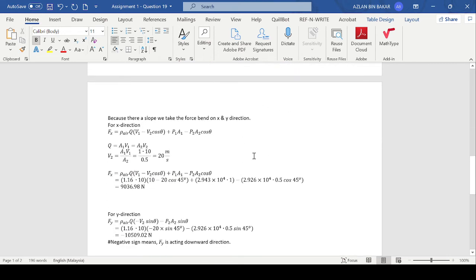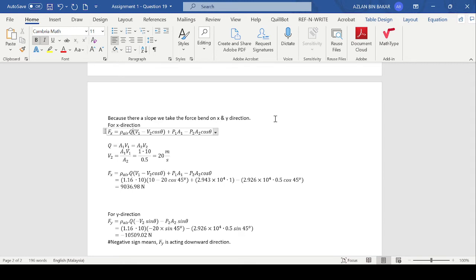For the x direction we use this formula: density times flow rate multiplied by v1 minus v2 cos theta, plus p1 a1 minus p2 a2 cos theta.